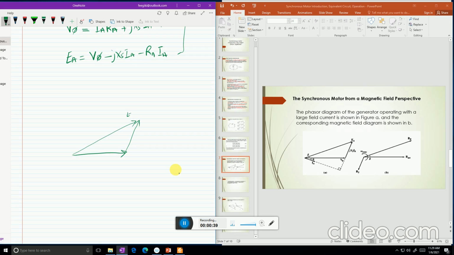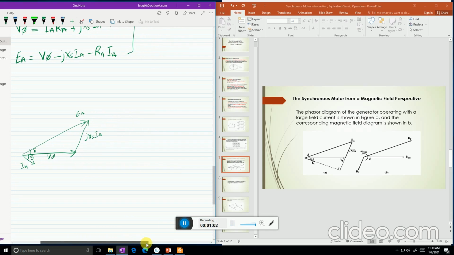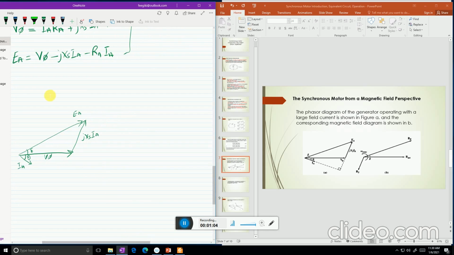And this is EA, this is jXs IA, this one is the V phase, and this is IA. This is the angle delta, and this is the angle theta. So that's how the phasor diagram of the synchronous generator we already studied looks like. So how does its corresponding magnetic field look like?